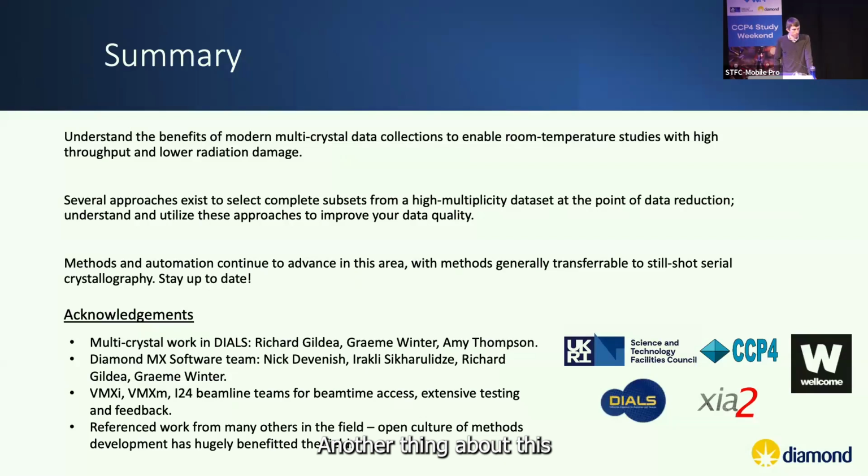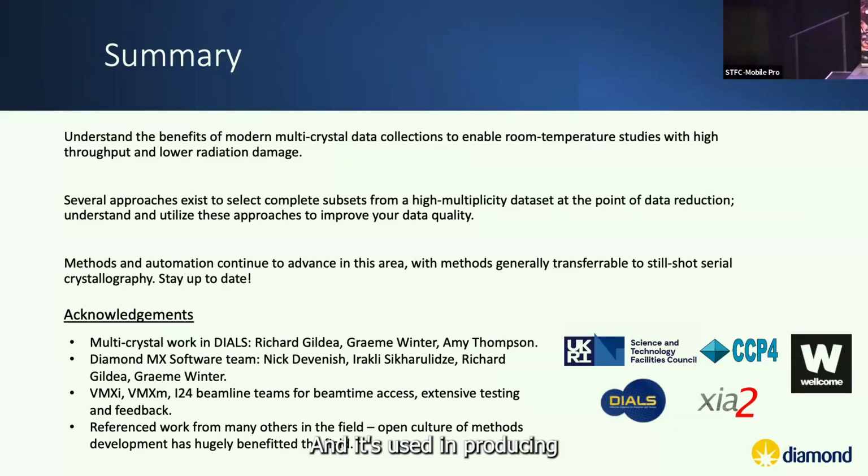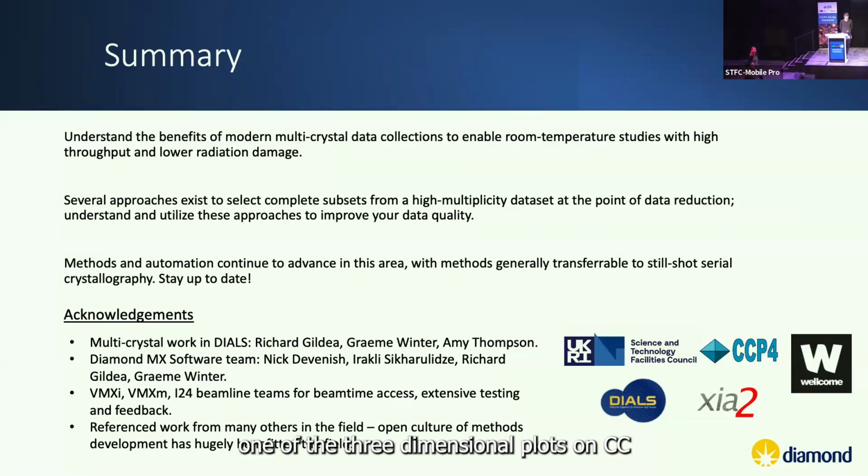Another thing about this uncertainty weighted correlation coefficient, Ian Tickle was adamant that this is the way correlation coefficients should be computed. So this has been implemented on the STARANISO server for many years, and it's used in producing one of the three-dimensional plots on CC1/2. But terrific developments.